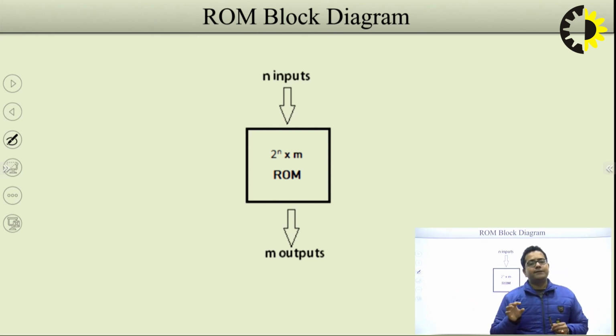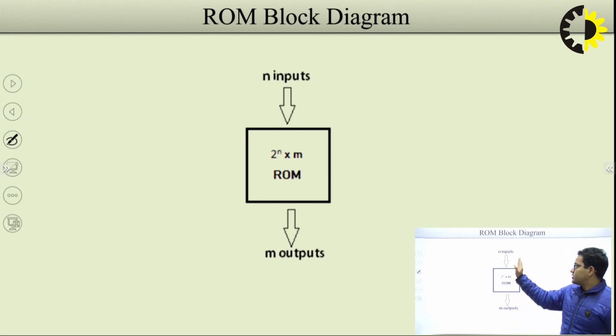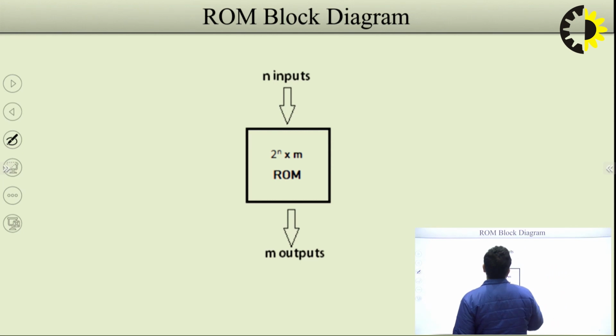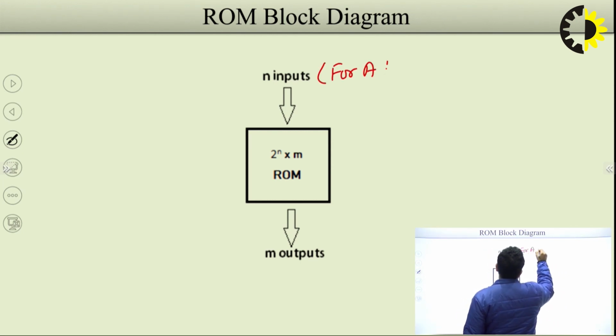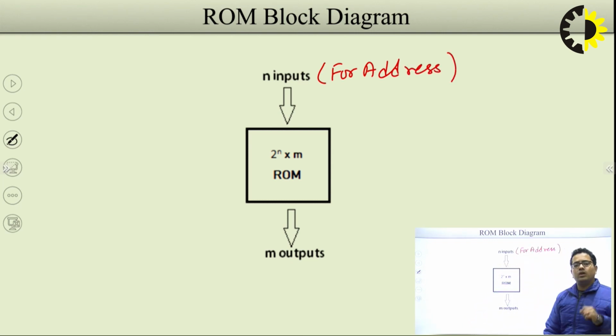Only the reading facility is available with the ROM. So don't get confused that this is used for inputting the data. These N inputs are basically used to send the address. Sending the address of a location that you want to access is done by this N input line.